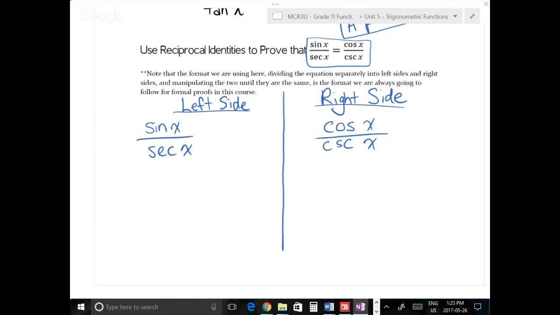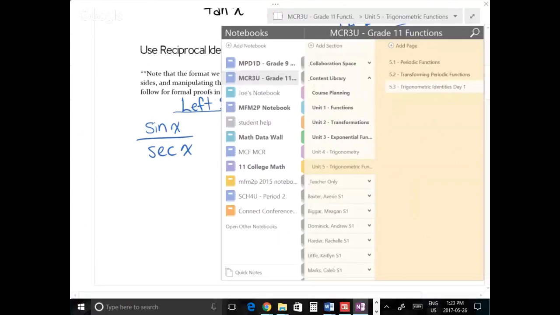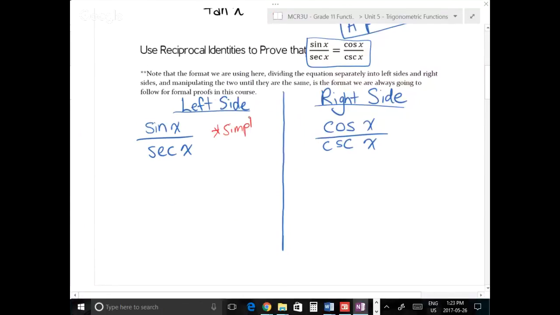Now, here's what we're going to do. As a rule of thumb, you're going to start with the left side, just because it's the first thing we come to, and we're just going to simplify it. And the first way we simplify is we usually try to get rid of what is uncomfortable when we look at it. We are usually pretty comfortable with sine, cos, and tan.